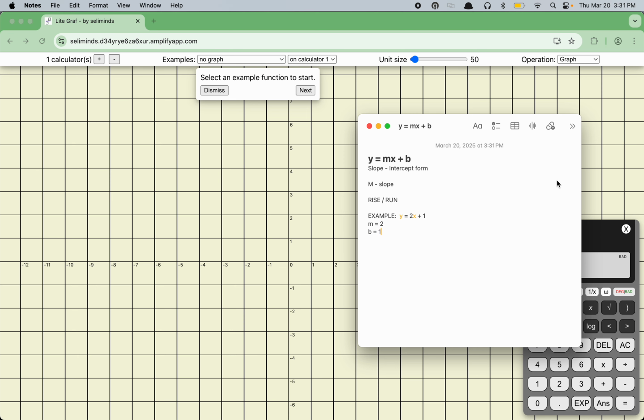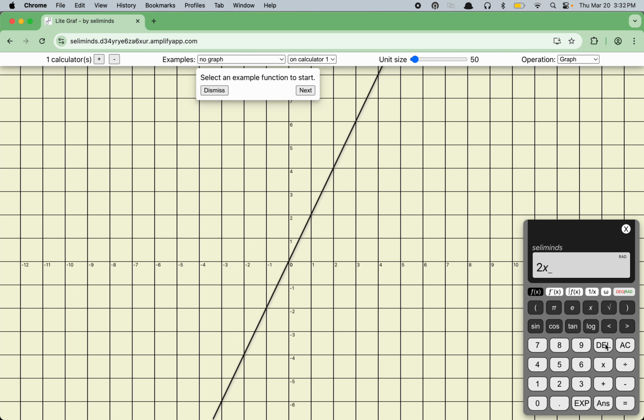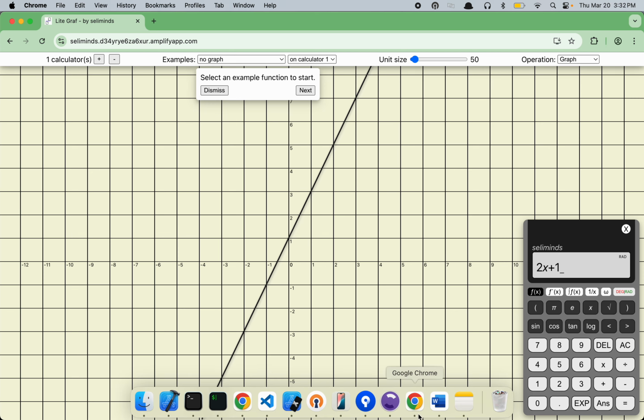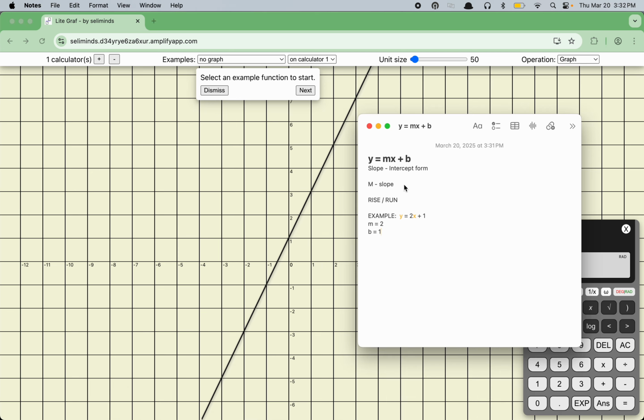So we're going to try to graph this in this online tool. So we can say 2x plus 1. All right. So this is the function or the equation, y is equal to 2x plus 1.